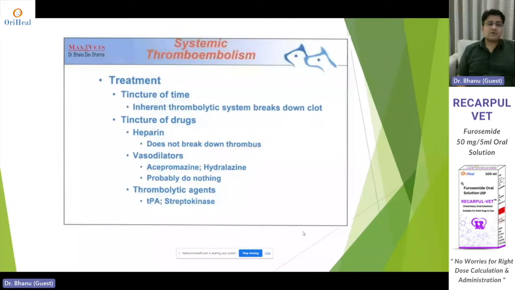There are a lot of research articles on the internet where you get the exact dosages of these injectables, and there is absolutely no harm in trying, because either you try or you end up euthanizing them. So before you think about the step of euthanasia, we can at least give it a full try. So you think about heparin and streptokinase.